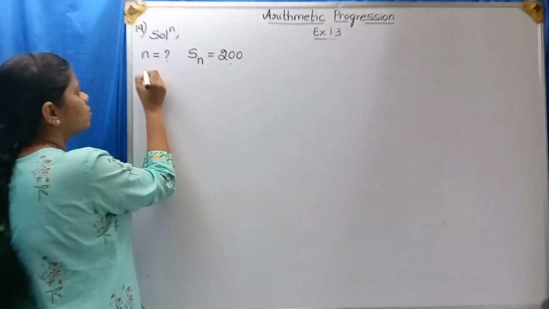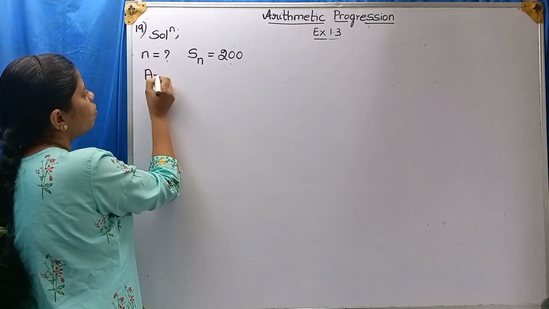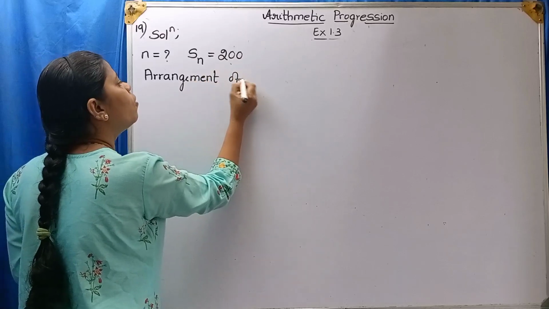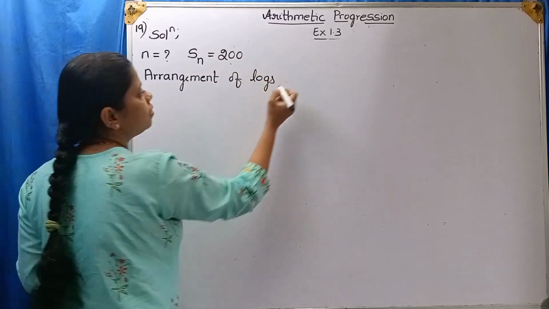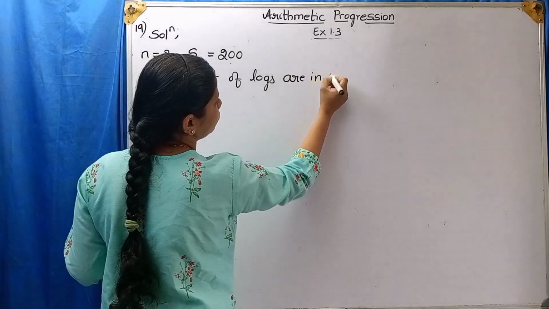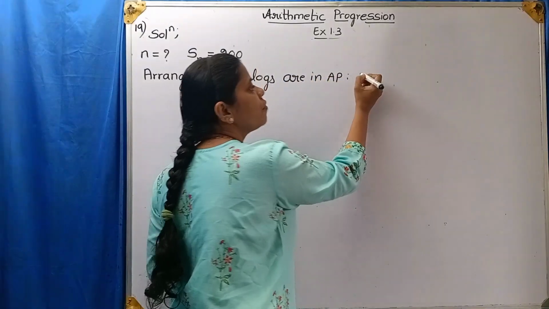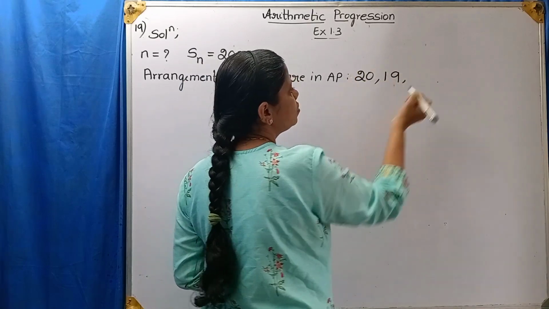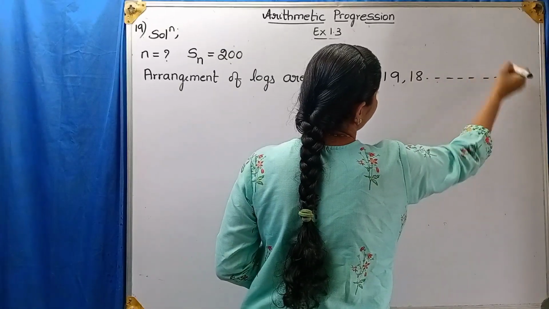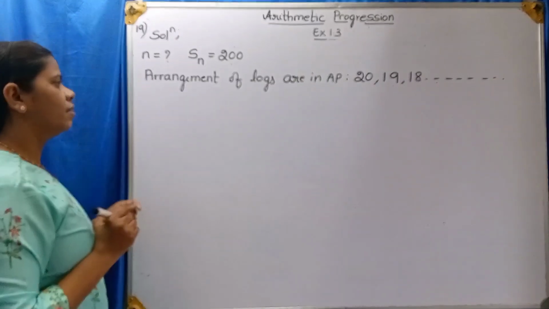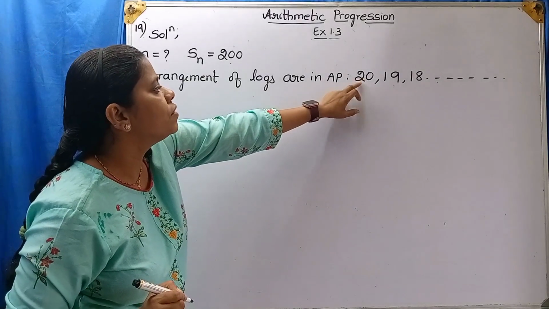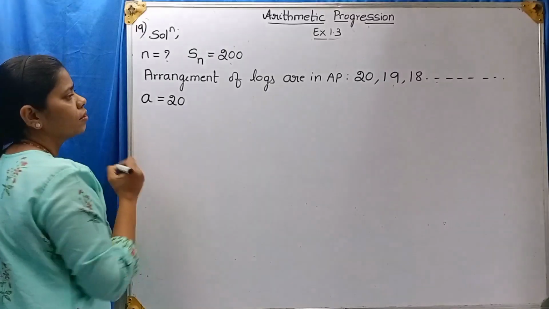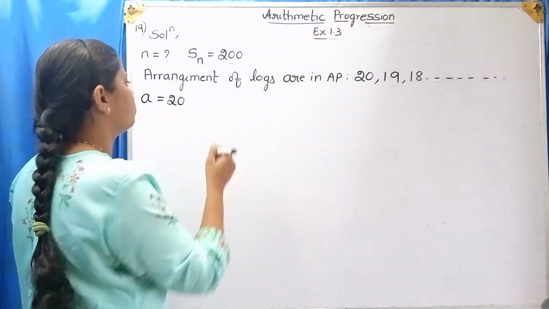The arrangement of logs is in AP. In the bottom row we have 20 logs and the next we have 19 logs, 18 and so on. Then this one is the first term of the AP, right? Therefore a is equal to 20, or a1 is equal to 20, right?